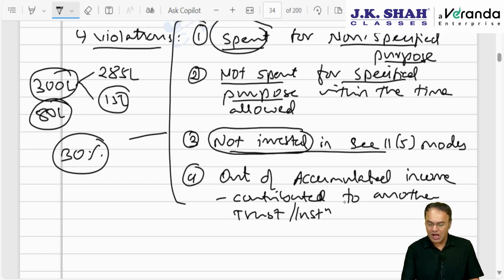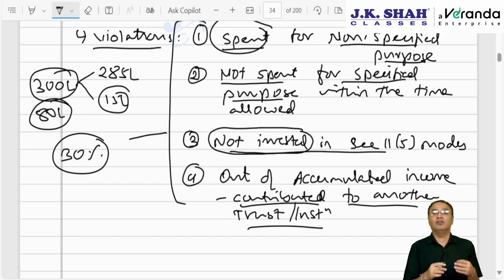And fourth, out of accumulated income contributed to another trust or institution, when will this be taxable? Answer: this will be taxed in the same year in which it is contributed to another trust. Even if that trust is registered under 12A, 12AA, 12AB or approved under 10(23C), even if the other trust has the same purpose like yours, come what may, you cannot contribute out of accumulated income.